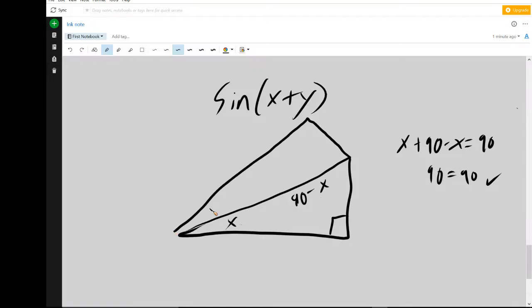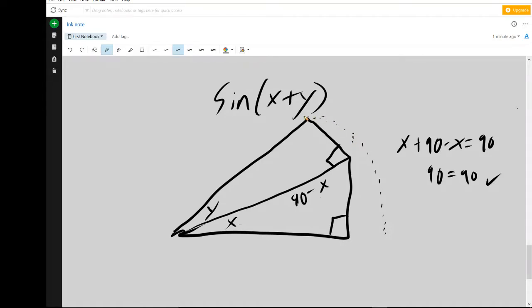Now, for our y angle, we're going to have a triangle like this. Right, so this is our y angle right here, and this is going to be a right triangle as well. Again, 90 minus y would be here, but I will show you why that's not really going to be relevant in this case. We're going to say that the y triangle is touching the unit circle via the hypotenuse.